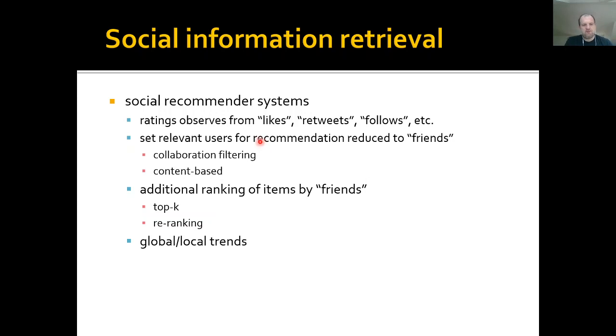And this could also serve in combination with collaborative filtering or content-based filtering, because if we are liking something, we are basically rating the content. So in the context of social information retrieval, there is quite a nice symbiosis between recommender systems and the features that the social media or the data model in social media allows.